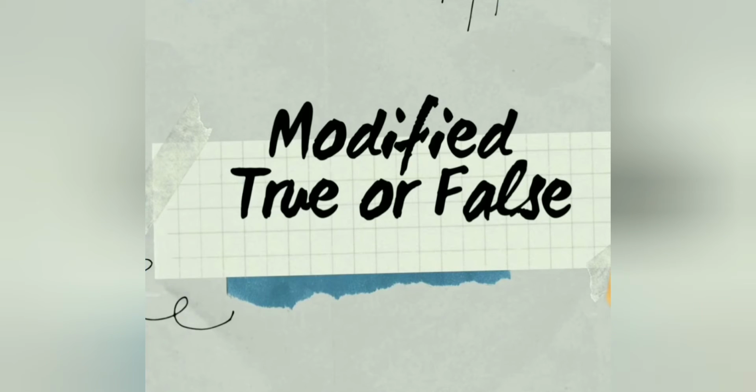Modified true or false. Read the statements carefully. Write true if the statement expresses a correct and truthful thought. On the other hand, if the statement is erroneous, write the part or parts which make the statement false, followed by a dash, then the correct parts.